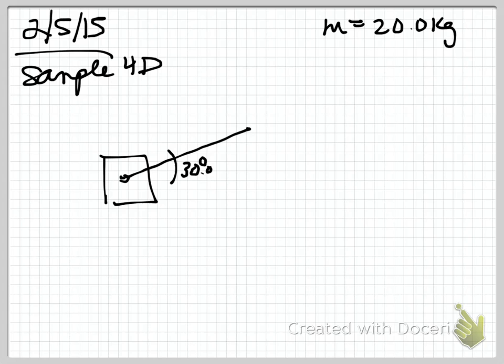Coefficient of friction is 0.50, and this is kinetic friction. And the force being applied, F applied, is equal to 90 newtons.